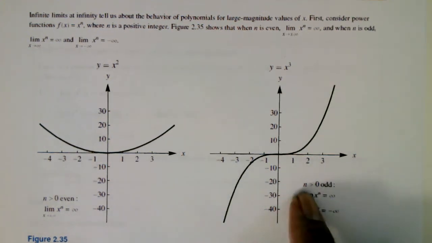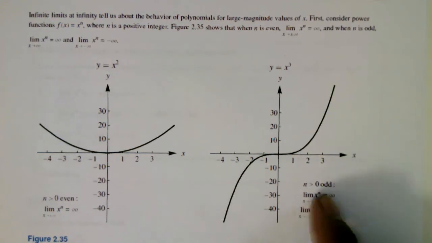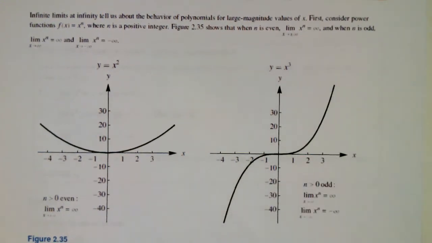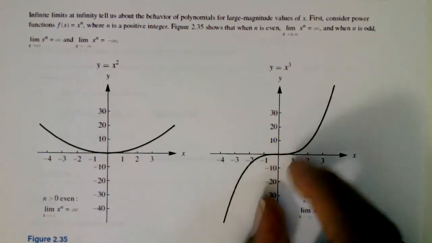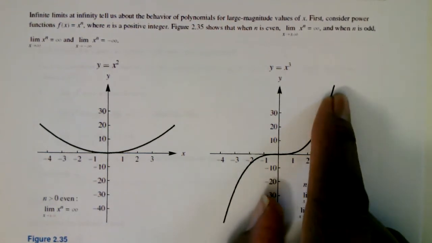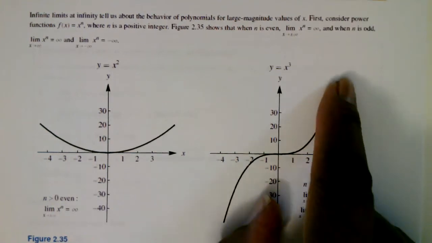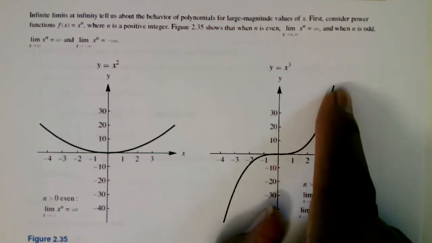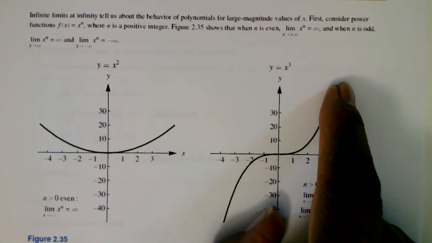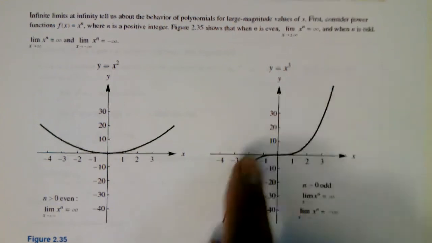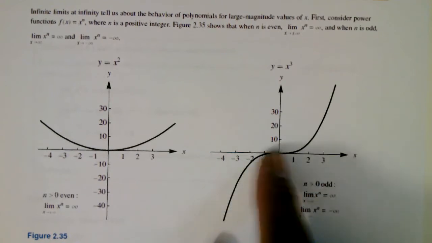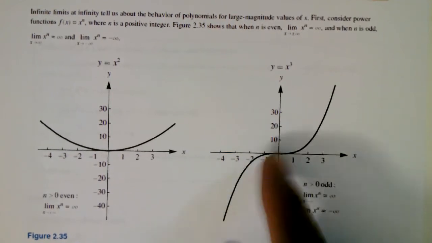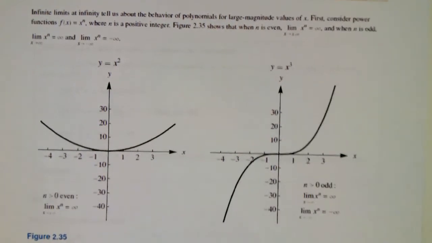So here, n is going to be a positive number and it's odd, like y is equal to x cubed. When you go to positive infinity on a function with an odd exponent, it shoots off to positive infinity. But for x going to negative infinity, that function shoots off to negative infinity.